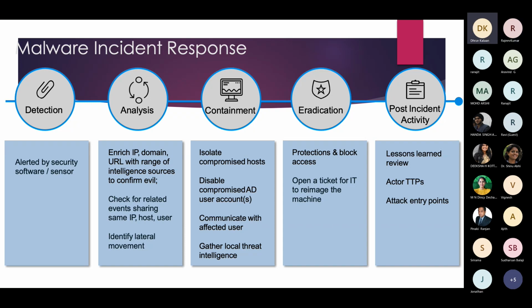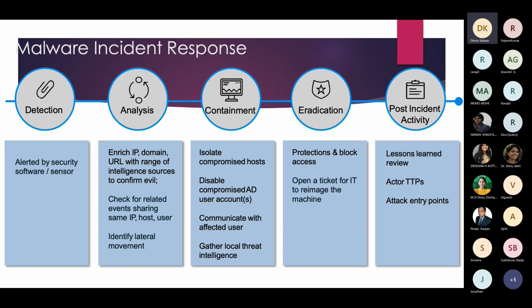Once we analyze, two phases launch in parallel, which are containment and eradication. Containment's sole goal is to capture the event and stop it with the existing framework itself, so that you do not let it spread further to any other machines.